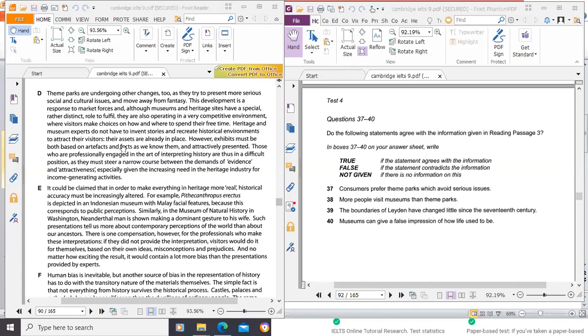However, exhibits must be based on artifacts and facts as we know them. Heritage does not have to invent stories and recreate history. I don't think there is a place.